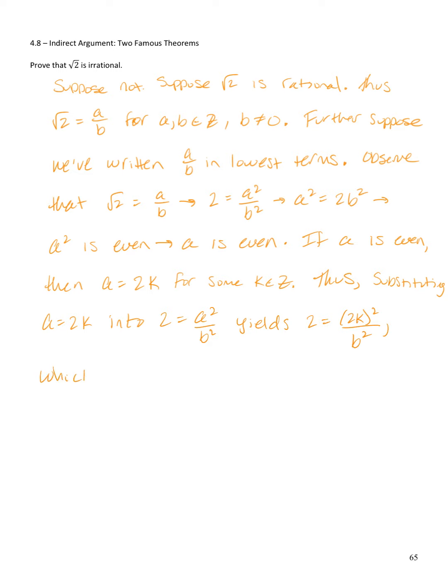which tells us 2b squared equals 4k squared. Okay, I just multiplied both sides by b squared, and I squared that numerator there.